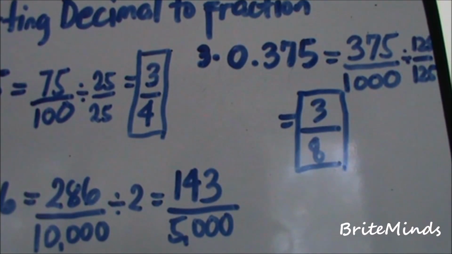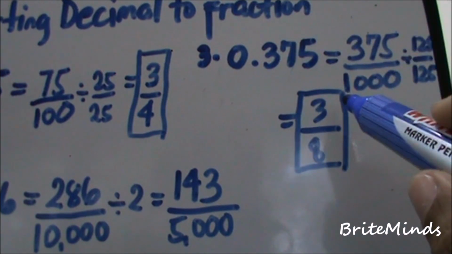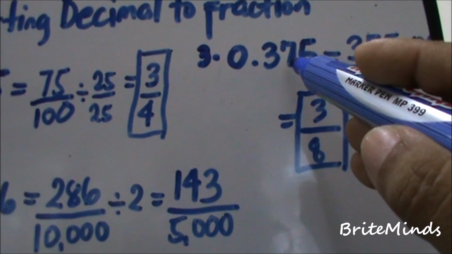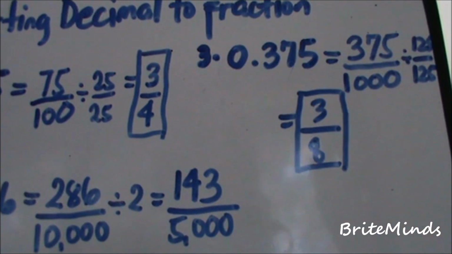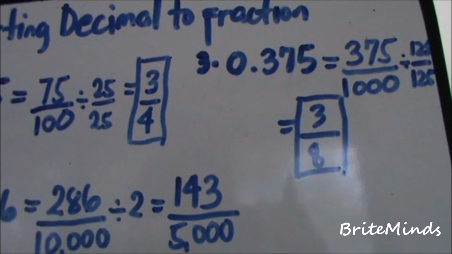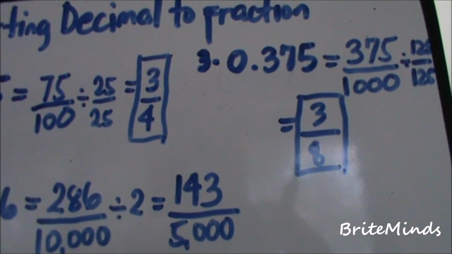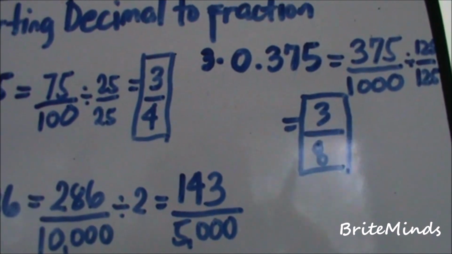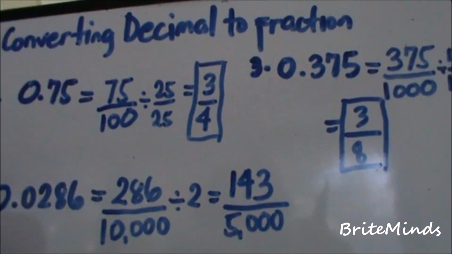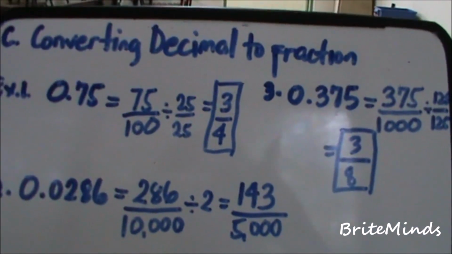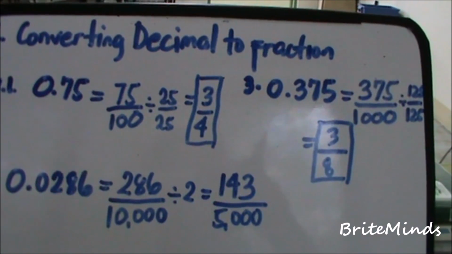Okay, so to check, try to do division of 3 over 8, and then it will come up with the same result, 0.375 or 375 thousandths. So this is how to convert decimals to fraction.